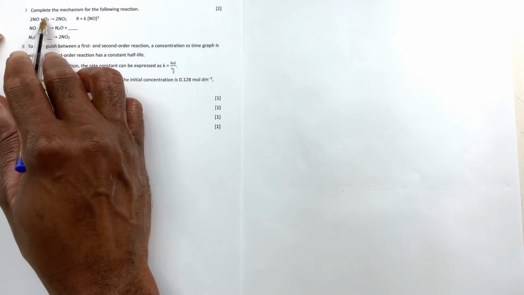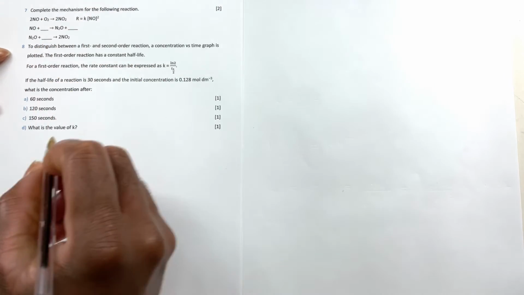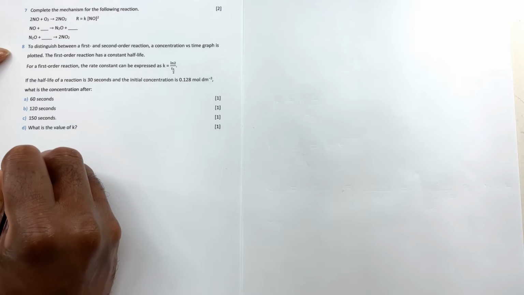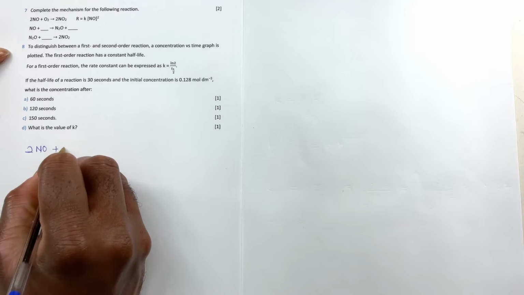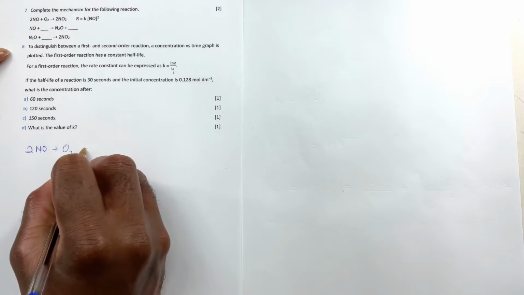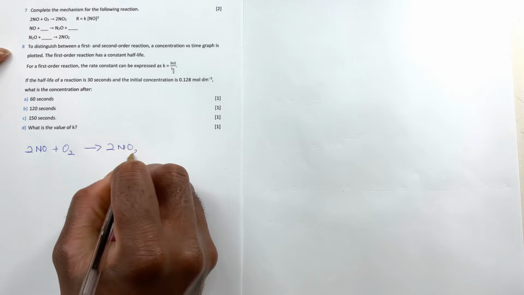Question 7. Complete the mechanism for the following reaction. So for question 7, I've got 2NO plus O2, and that gives 2NO2.